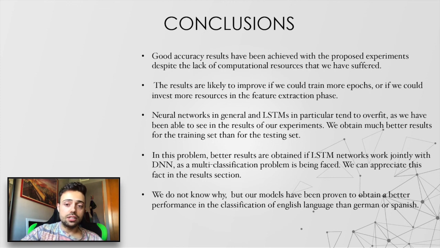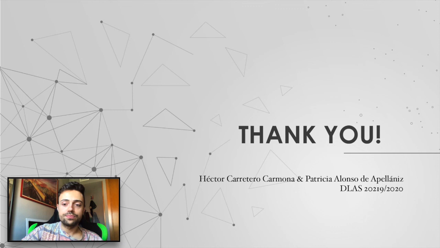Our intuition tells us that Spanish, by its features, should be easier to predict than German and English, or to differentiate. But we don't know why. We suppose that this fact is related to the features of the MFCC coefficients, but we don't know.